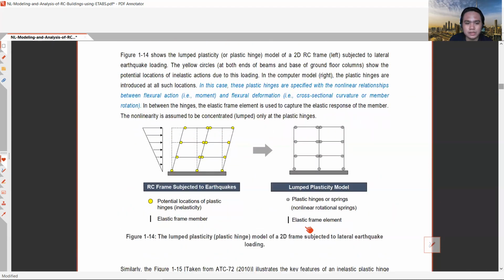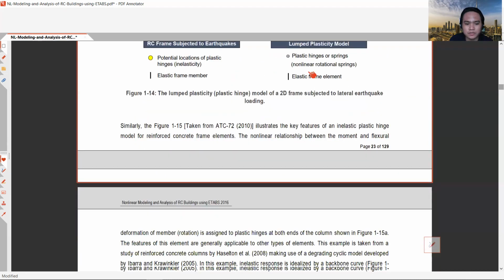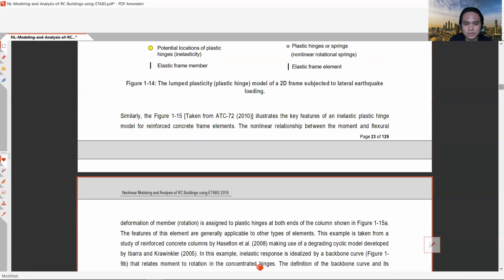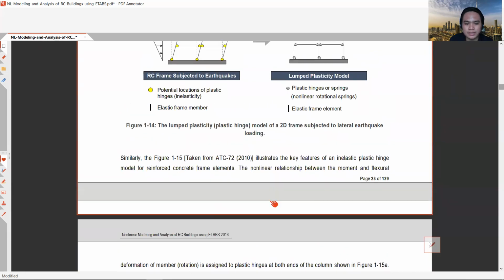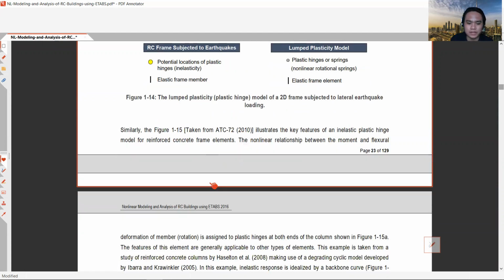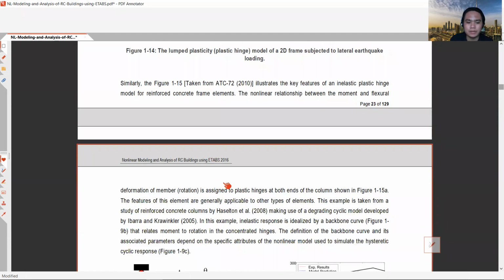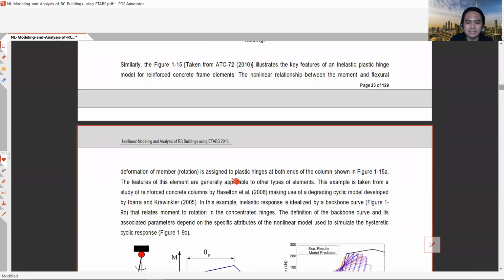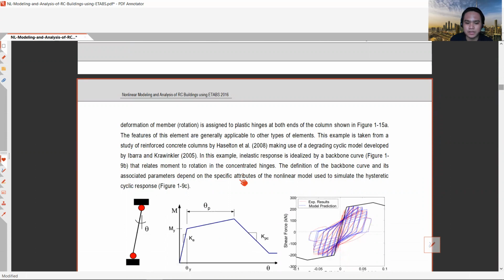Okay, so similarly in the figure 1-15, this one, taken from the ATC 72. Okay, so pier to sa pier. So it illustrates the key features of the inelastic plastic hinge model for reinforced concrete frame elements. So then the nonlinear relationship between the moment and the flexural deformation of the member is assigned to plastic hinges at both ends of the column, shown in figure 1-15A.